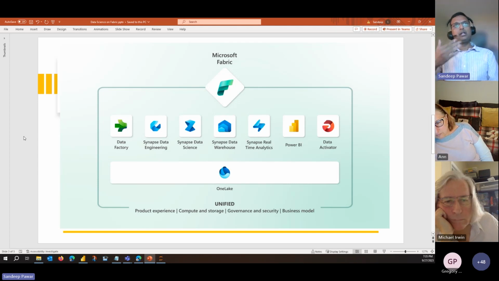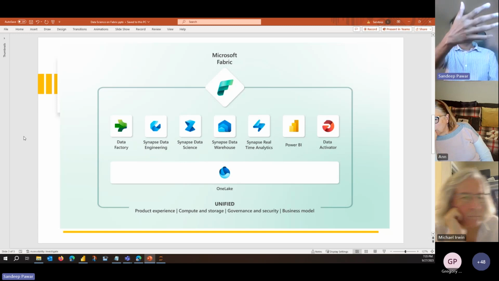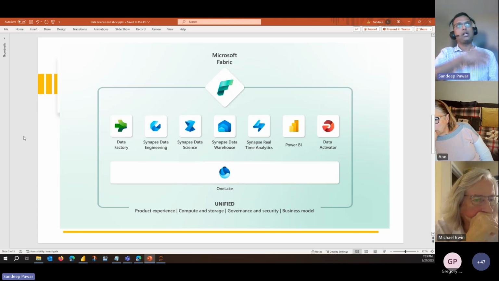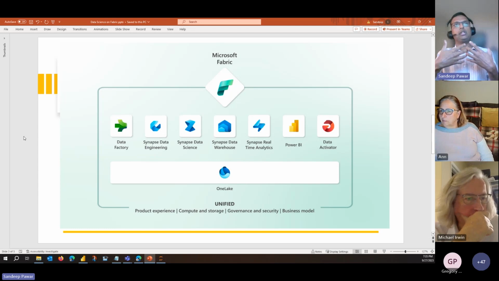With Fabric, OneLake is the storage part of it, and all the computes surrounding it are decoupled. It means that all these compute engines access the same data lake in OneLake, which keeps one copy of the data.